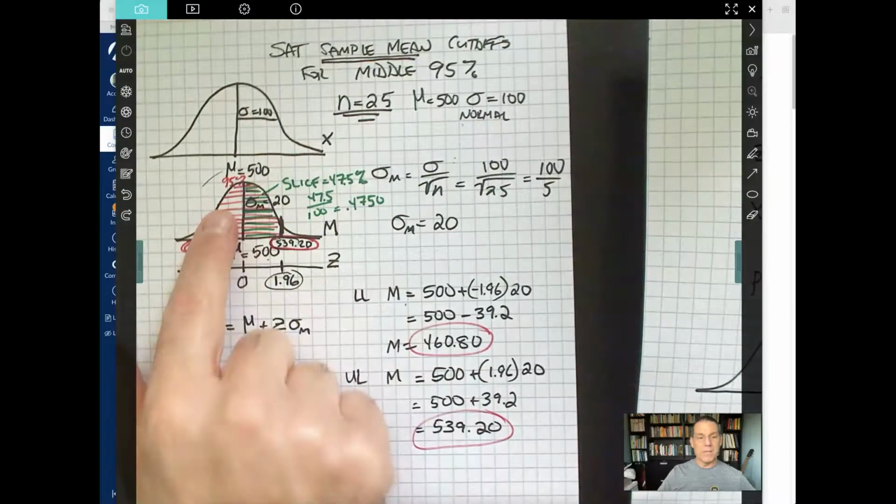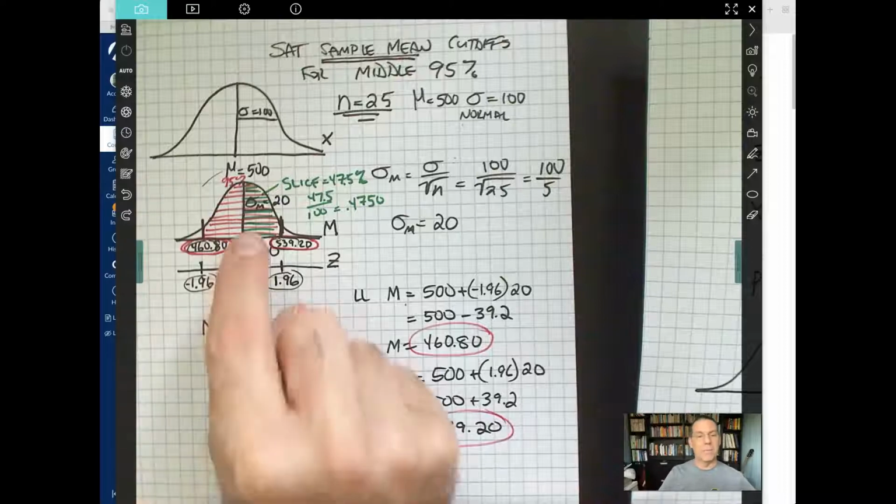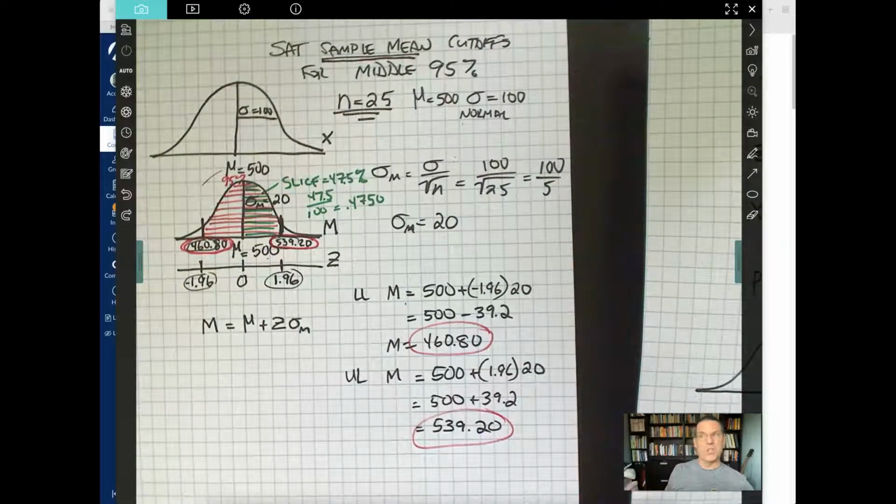This middle 95% we can think of as a typical or pretty average sample mean score without any kind of treatment effect. But if we gave a group of 25 people who take this SAT some kind of training program that we think will improve their SAT score, we can then test whether it did that at a statistically significant level.